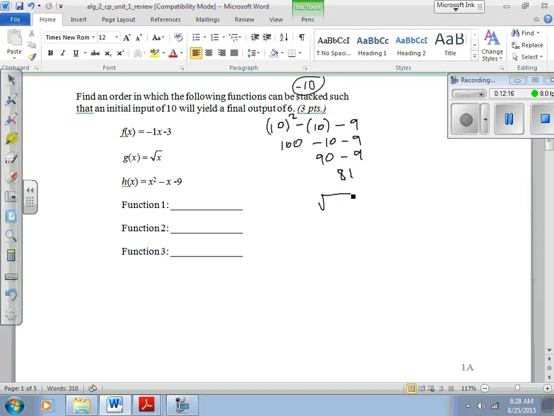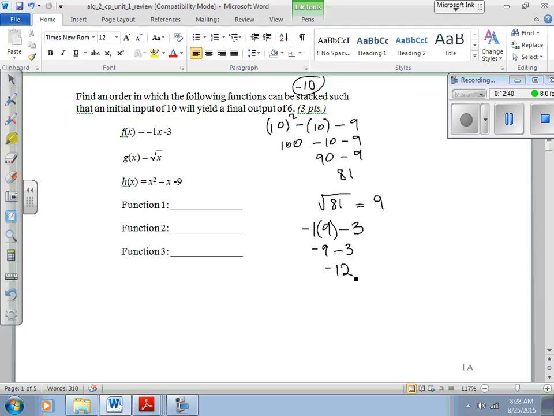So, square root of 81 is 9. And then we'll plug in 9 over here. Negative 1 times 9 is a negative 9. Negative 9 minus 3 gave us a negative 12.